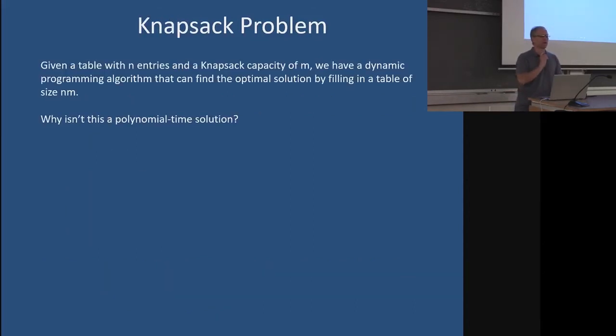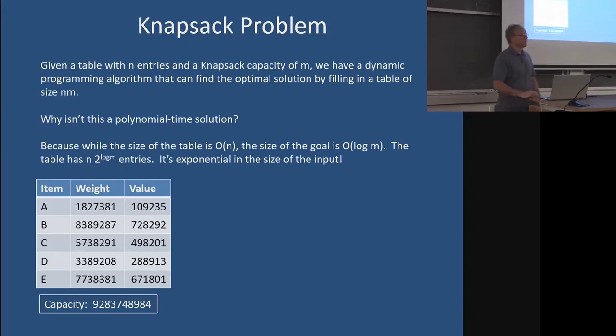But I do want to spend more time on the knapsack problem. People look at the knapsack problem and say, well, we have a dynamic programming solution for it. Why is that not a polynomial time algorithm? Let me explain why. Take this instance here.